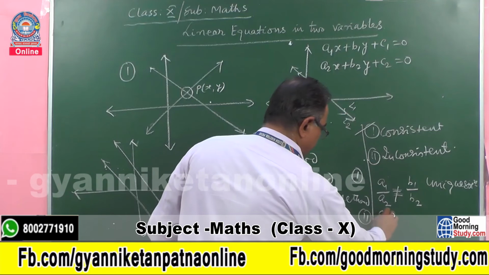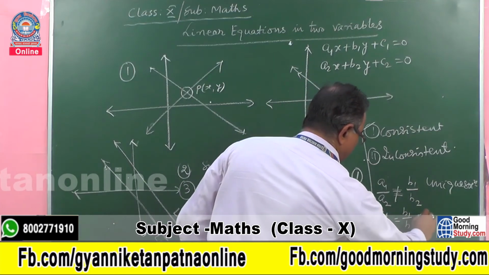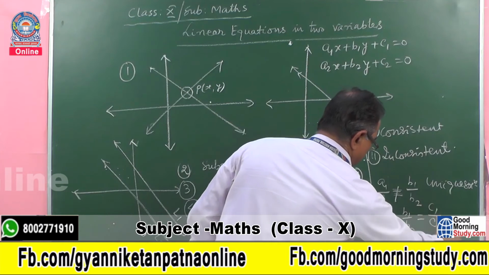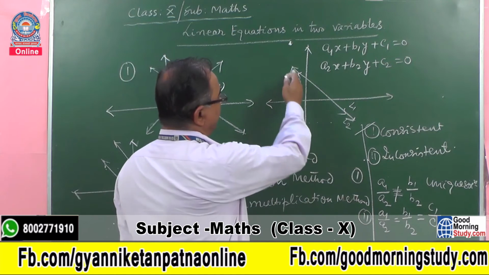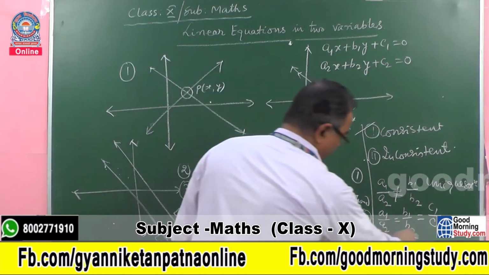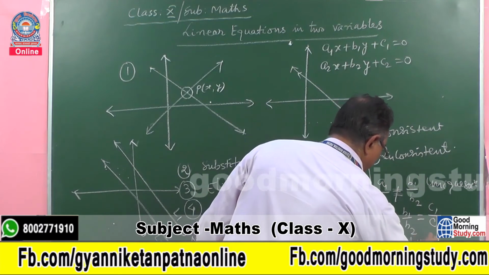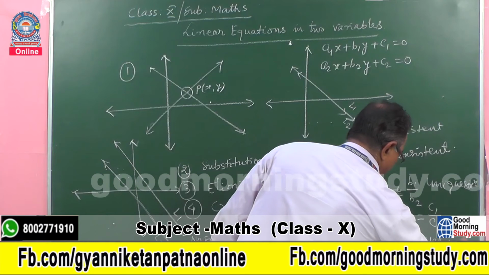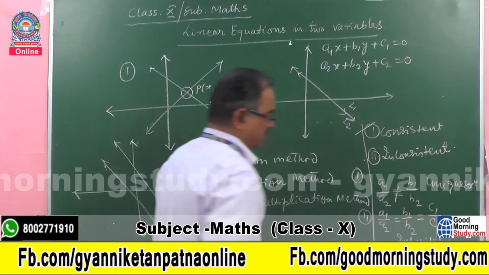If a1 by a2 is equal to b1 by b2 is equal to c1 by c2, all three ratios are equal. It means the graph lines are coincident lines. It is also called dependent, and in this case the system of equations has infinitely many solutions.